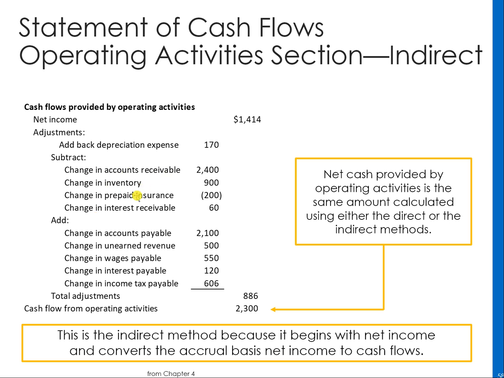So these are current asset accounts, including accounts receivable, inventory, prepaid insurance, interest receivable, and add any increase in current liabilities: accounts payable, unearned revenues, wages payable, interest payable, income tax payable. After these adjustments, we're going to have cash flow from operating activities. See the huge difference between net income and operating activities.